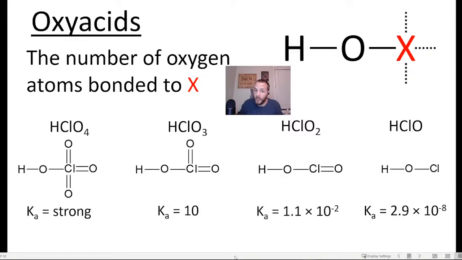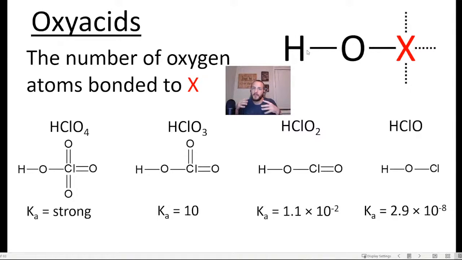Why do you suppose that is? Well, it's because oxygen, if you look at the periodic table, is actually the second most electronegative element behind only fluorine. So because oxygen is so electronegative, it's going to draw electron density toward itself, and it's going to further polarize the oxygen-hydrogen bond, right?